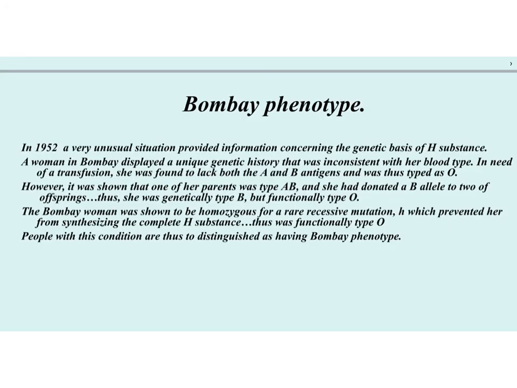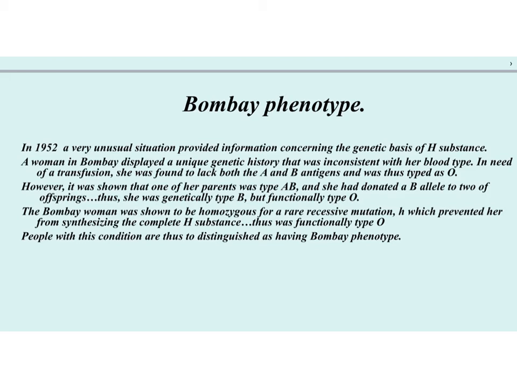So a little bit more about the Bombay phenotype. It was discovered in 1952. A woman in Bombay was showing a kind of unusual genetic history with her blood type. She was in need of a transfusion. They found out that she lacked both the A and the B antigens, so they assumed that she was type O. However, it was shown that one of her parents was type AB blood, and she had donated a B allele to two of her offspring.